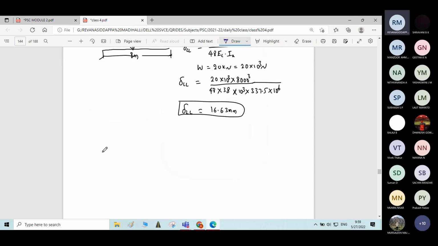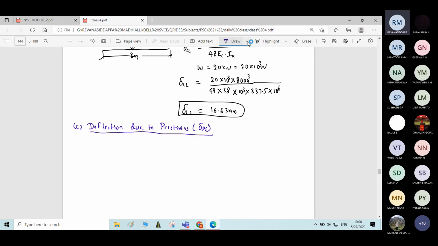Third one, C. Deflection due to prestress, that is delta PS.